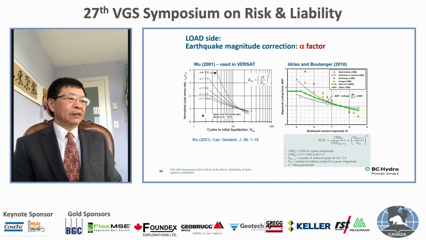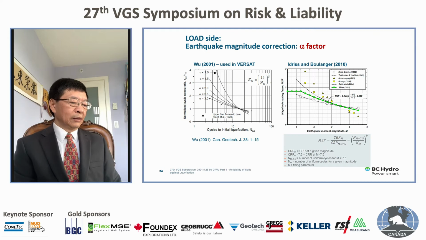Reliability analysis, the performance function. I'm looking at the load side first, which is earthquake ground motions. As you recall, when you convert non-uniform shear stress cycles into normalized shear stress cycles, you need the magnitude correction, which Idriss and Boulanger call the magnitude scaling factor.